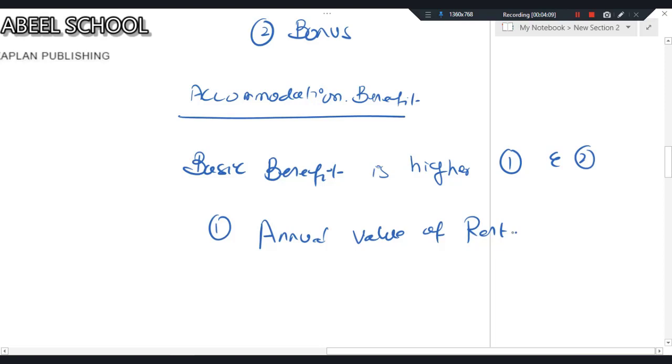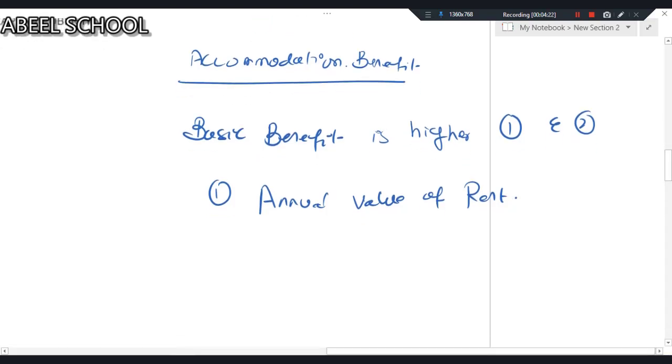And in case of accommodation, there are two benefits. One is basic benefit, which is higher of 1 and 2. One is annual value of the rent. Annual value of the rent means simply the market value of the rent. Second, rent paid by the employer.